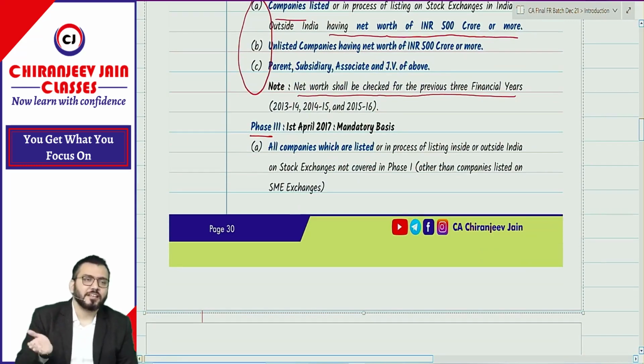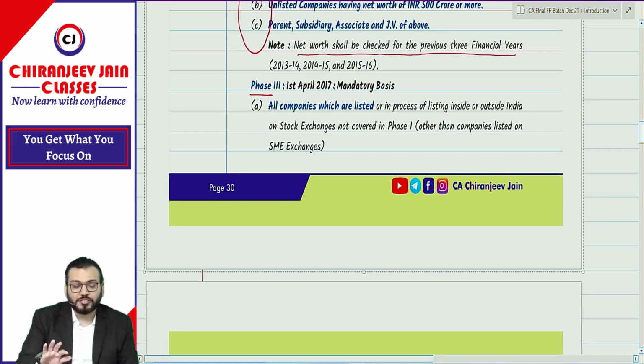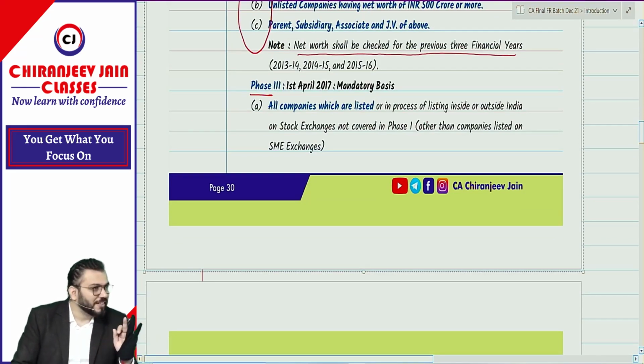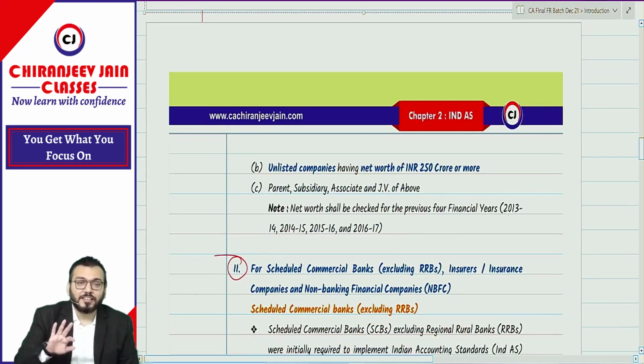Then phase 3: all the companies covered in phase 3, for them Ind AS has been applicable from 1st April 2017. Which companies are covered? All listed companies as well as companies which are in the process of listing. Point B, unlisted companies having a net worth of 250 crore or more.